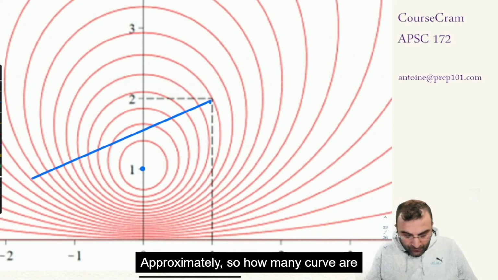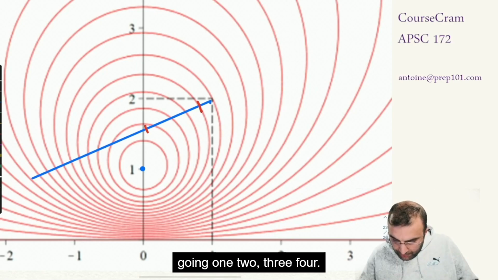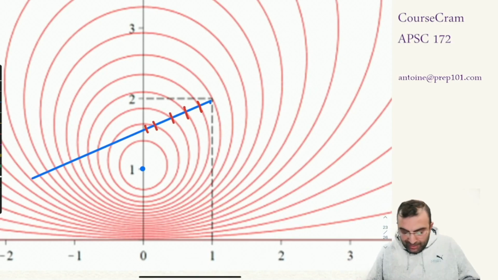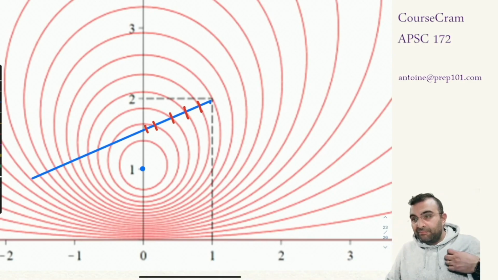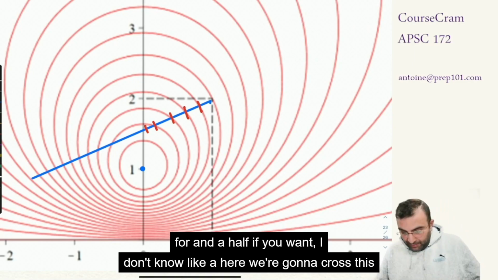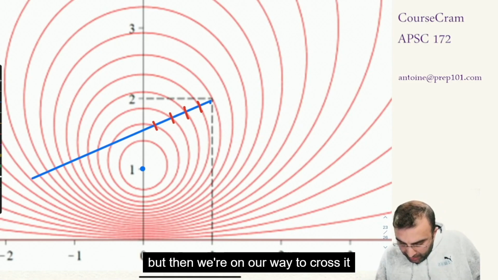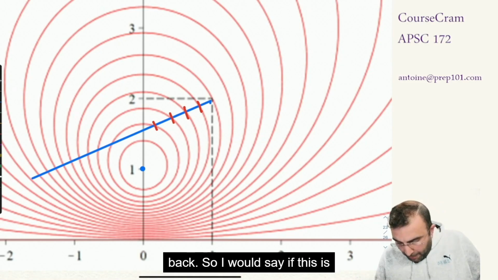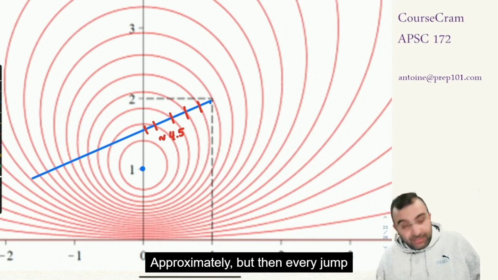So how many curves are we crossing? It was approximately here. So we're going 1, 2, 3, 4, I don't know, 4 and a bit. 4.5 if you want. Because here we're going to cross this, but then we're on our way to cross it back. So I would say if this is 1 unit, approximately 4.5.